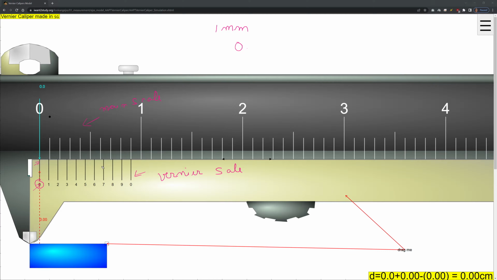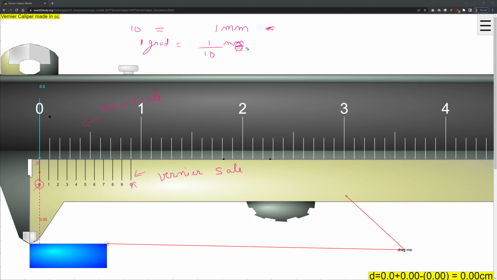Each of these gradations of the main scale, the 1 millimeter, is further divided into 10 gradations, and those 10 gradations come from the Vernier scale. Those 10 gradations of the Vernier scale are equal to 1 millimeter of the main scale. Therefore, one gradation of the Vernier scale is equal to 1/10 of a millimeter.